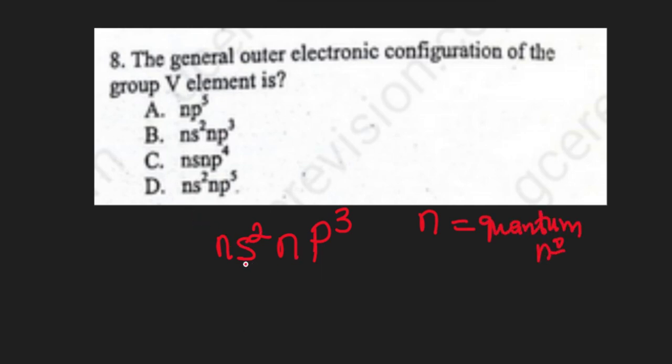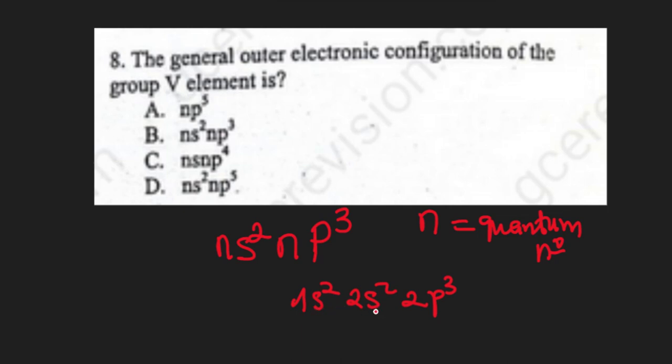So an example of an element in group 5 is nitrogen. Nitrogen is in group 5. The electronic configuration of nitrogen is 1s2, 2s2, 2p3. Nitrogen is number 7, having 2, 2, 3, 7 electrons.